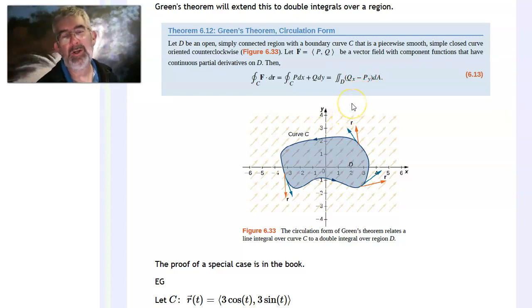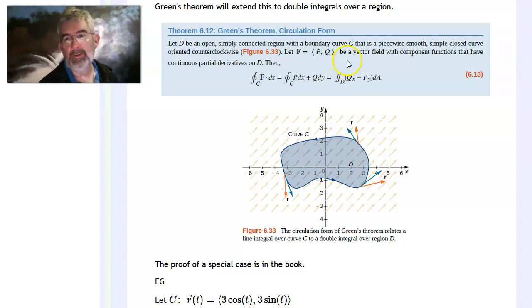From the point of view of the fundamental theorem of calculus, if you've got a double integral of this function that has derivatives involved, the partial of Q with respect to x minus the partial of P with respect to y, then if you could figure out what P and Q are, you could evaluate this double integral by doing the line integral along the boundary. Right? That whole double integral can be described by what's happening with the line integral around the boundary.